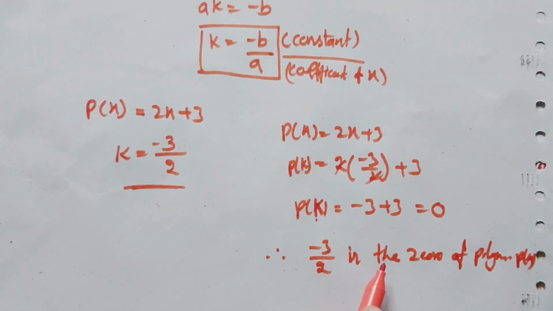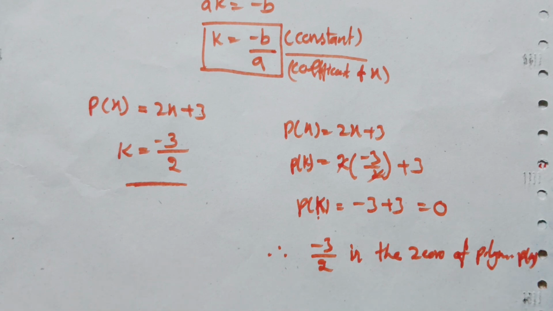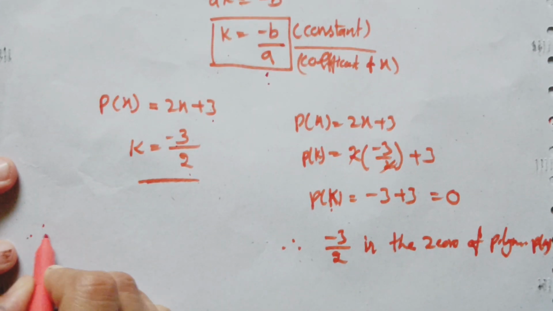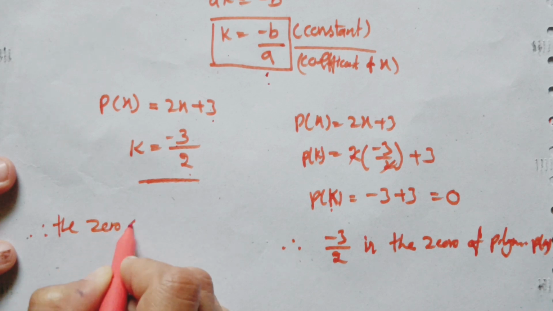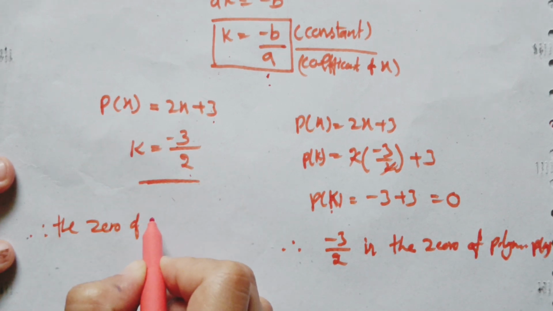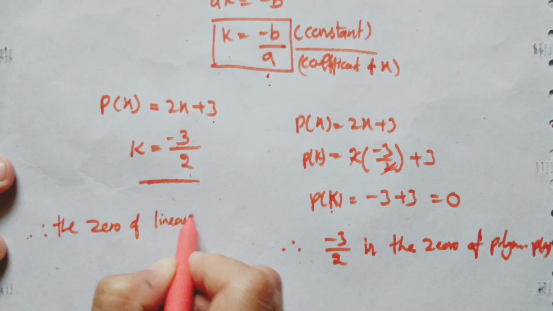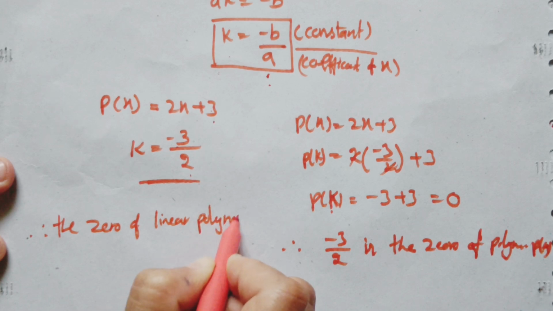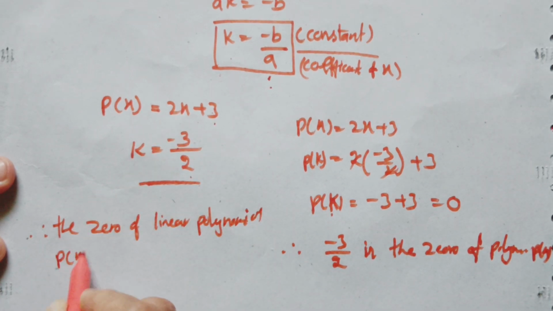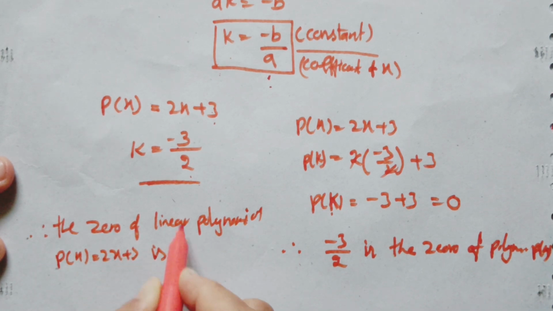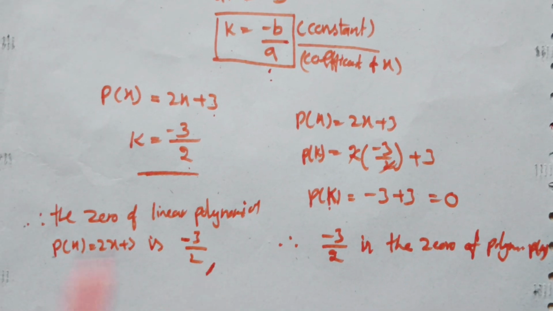Therefore the zero of the linear polynomial p of x equal to 2x plus 3 is minus 3 by 2. Okay, this is the answer. This is how you can write it.